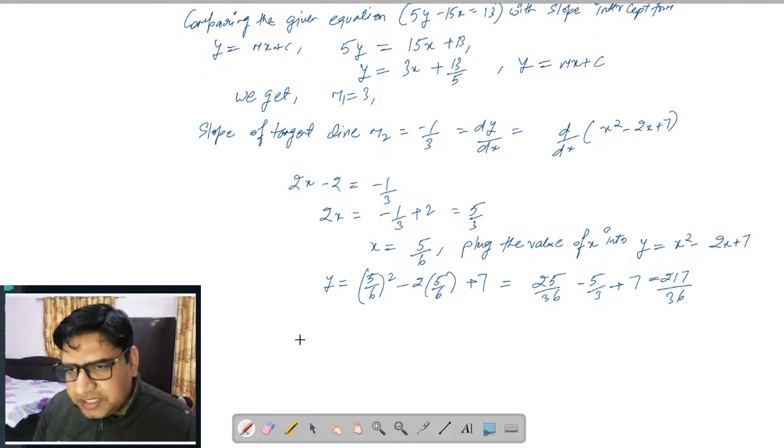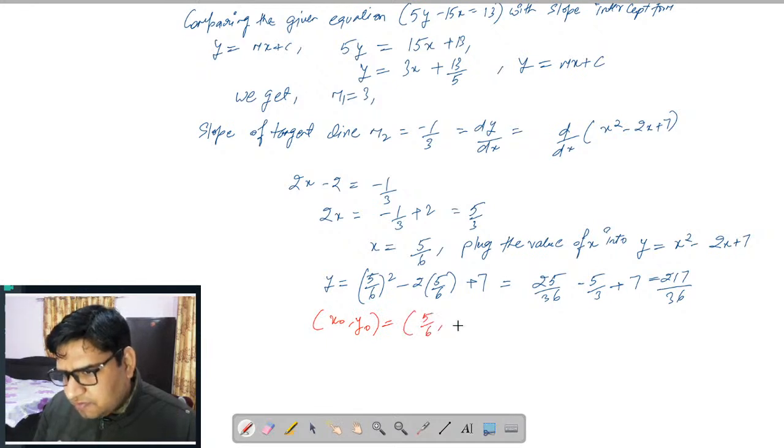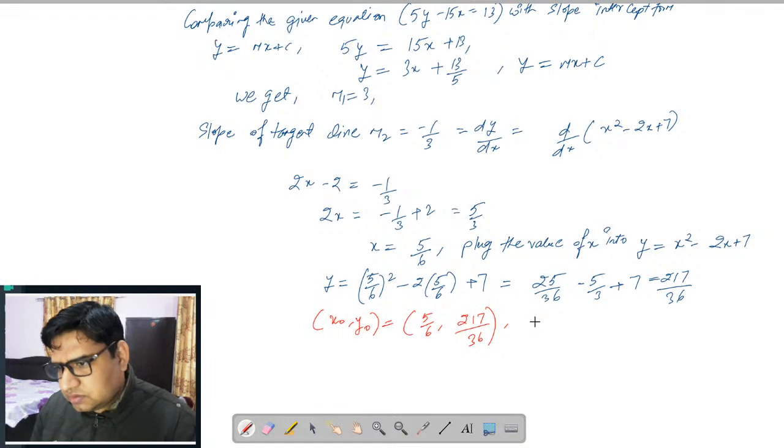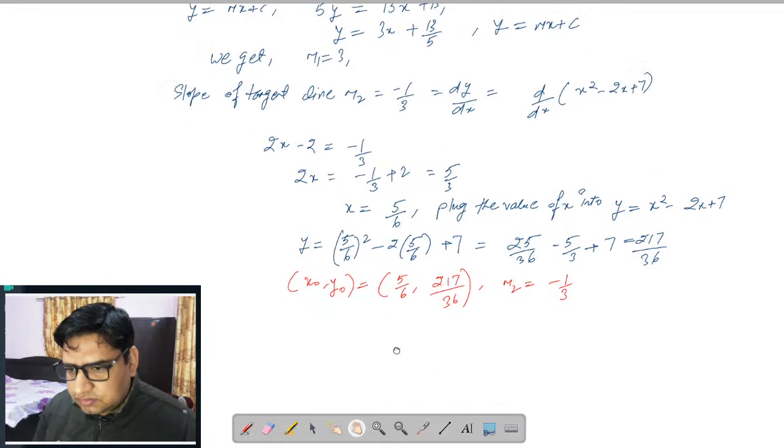Okay, so we get the coordinates of x and y here. So we get x naught, y naught is equal to 5 by 6 and 217 by 36. M2 is equal to the slope of the tangent to the curve, M2 is equal to minus 1 by 3.